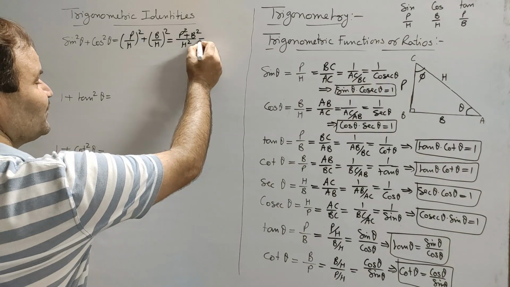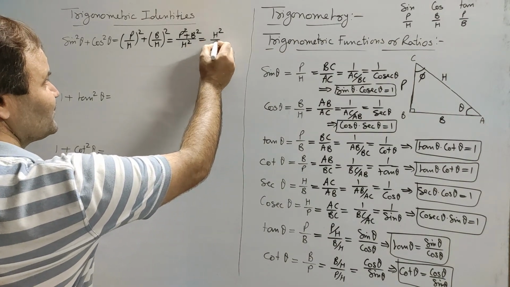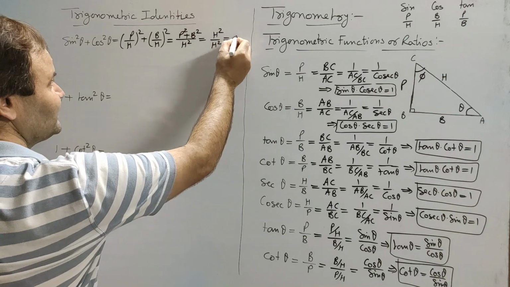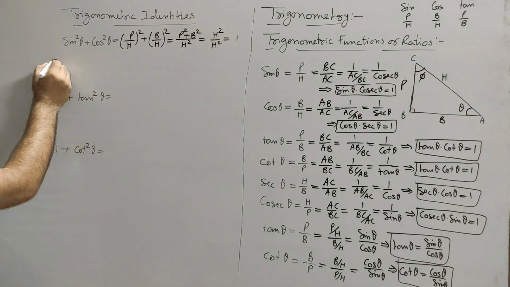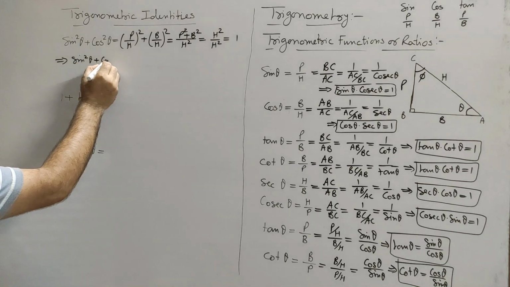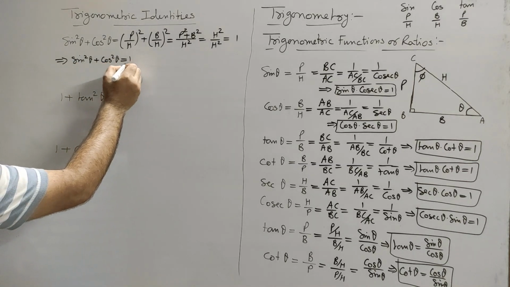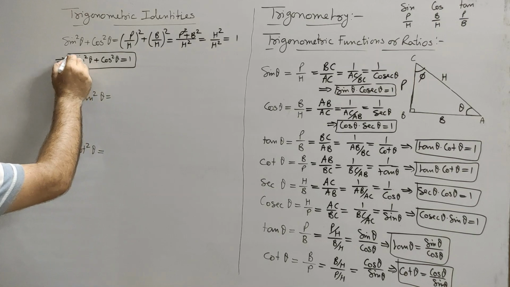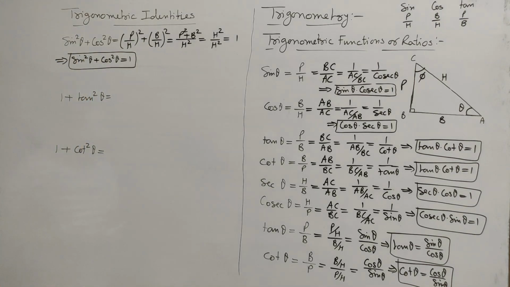So it becomes hypotenuse square upon hypotenuse square, that is 1. This implies sin square theta plus cos square theta is always 1, and this identity will always be used to change either sin into cos or cos into sin.